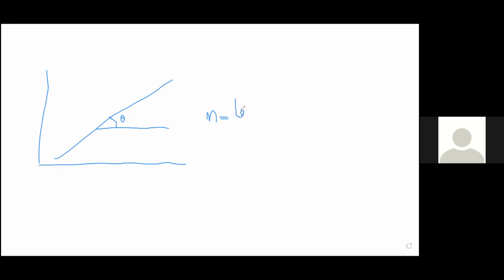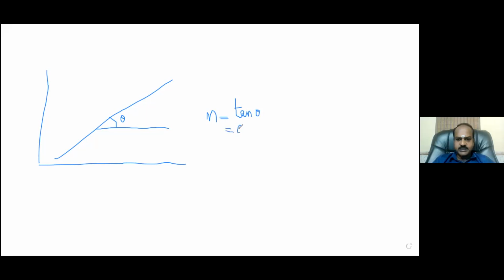Possible to calculate tan theta? This will turn out to be 0.4631. Did you see this value in the regression coefficient? You have seen it in the equation, isn't it? 0.4631 into calories consumed. This is coming from this formula only.